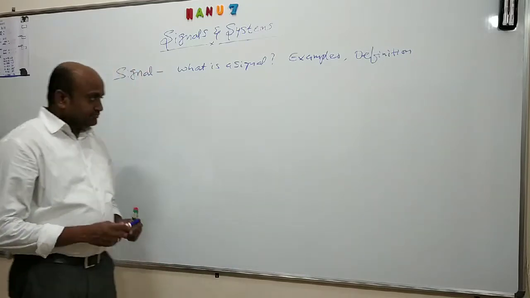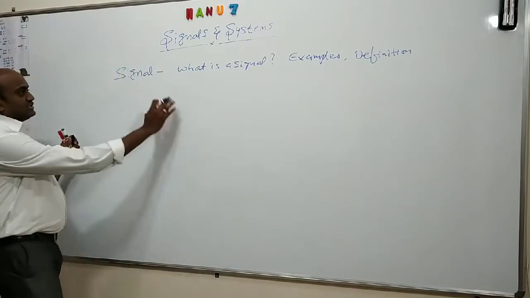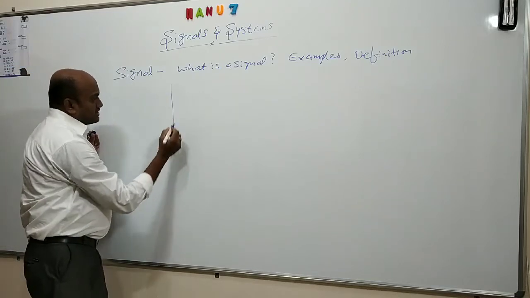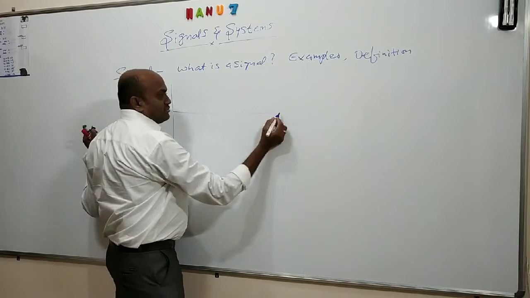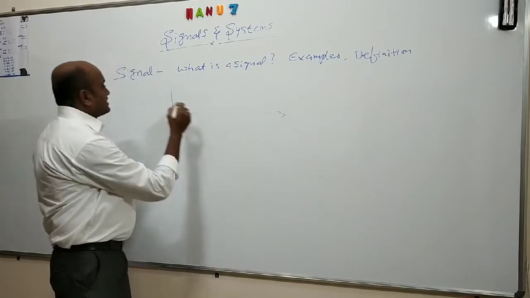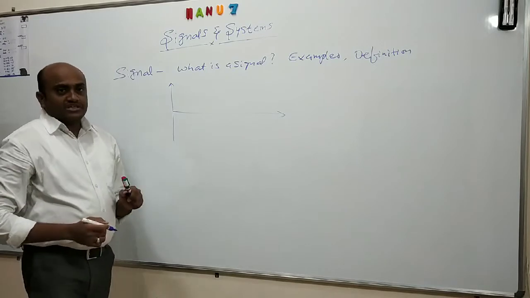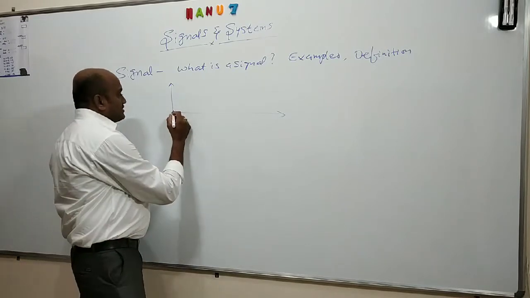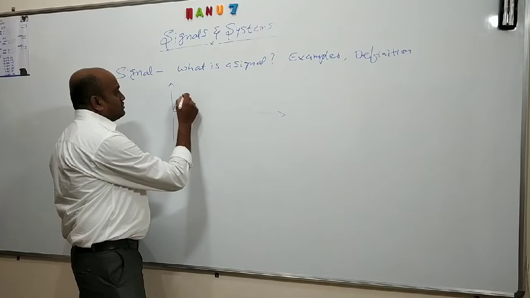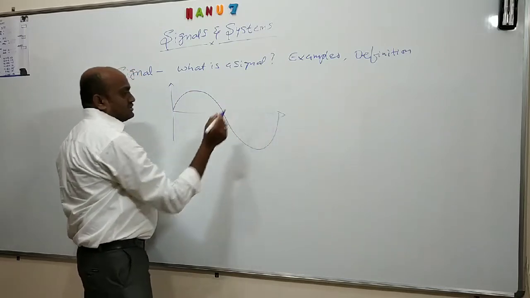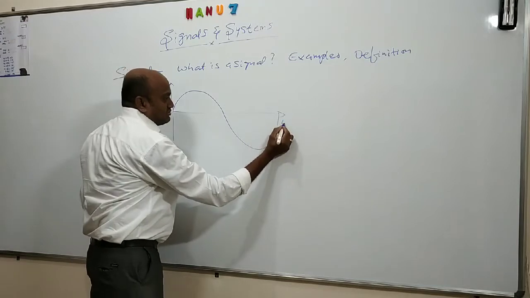Coming to the definition, let me tell you the definition. It is any physical quantity. I am drawing a graph here. This is the x-axis and y-axis. A signal is any physical quantity that is varying with respect to time.